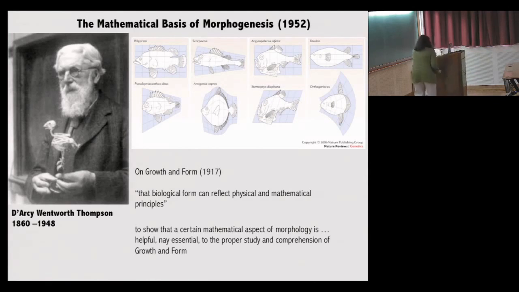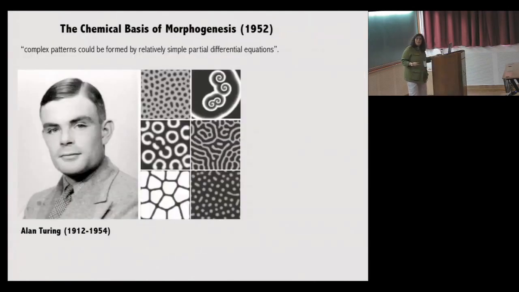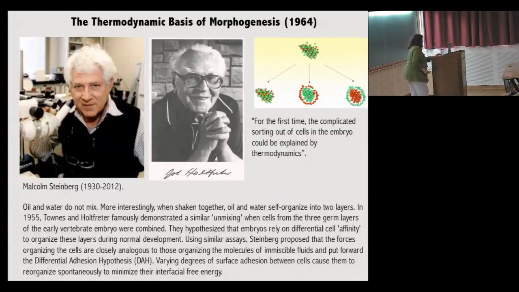So the first ideas of how you can explain form were mathematical and chemical, and Alan Turing, who was a computer scientist, suggested that complex patterns of the kind you see in animals could be formed by relatively simple partial differential equations. And again, I'm guessing that some people will cover this during the course of this course.